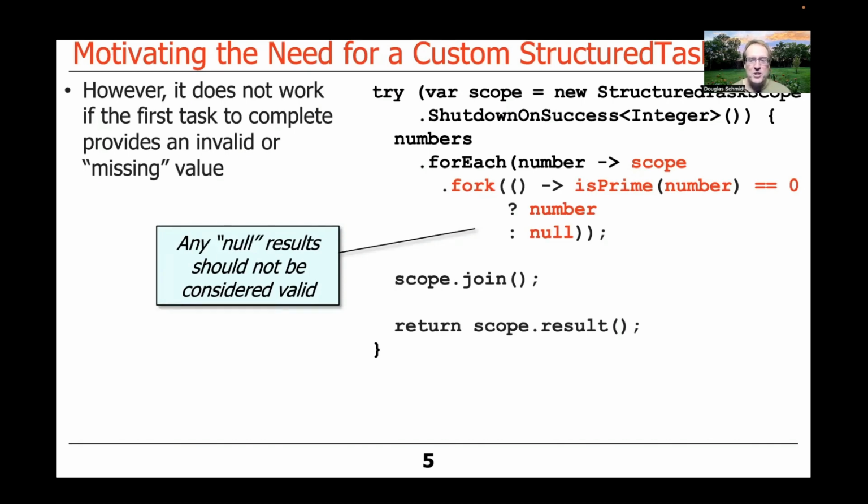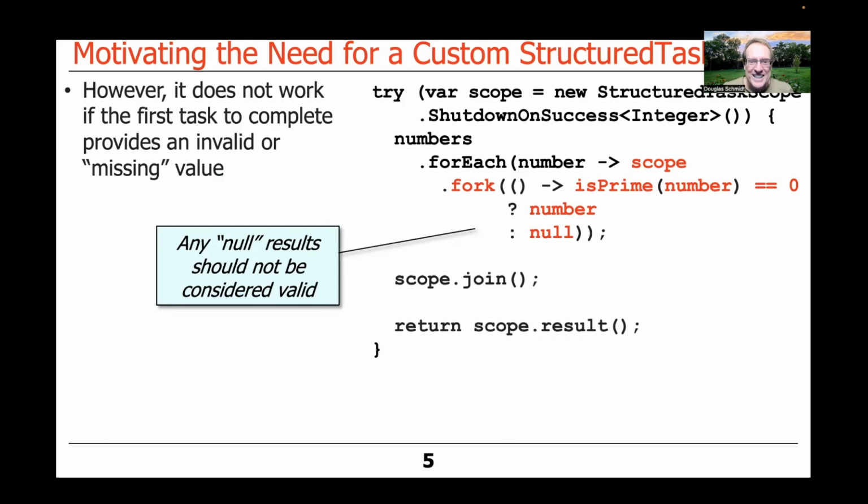Unfortunately, the way we've programmed this code is when we call the isPrime method, which is going to return 0 if something is prime, which means it has no small factor, or something greater than 0 if it has a smallest factor. If isPrime returns 0, we're going to return the number because that's the first prime number. Otherwise, we're going to return null, indicating this was not a prime number.